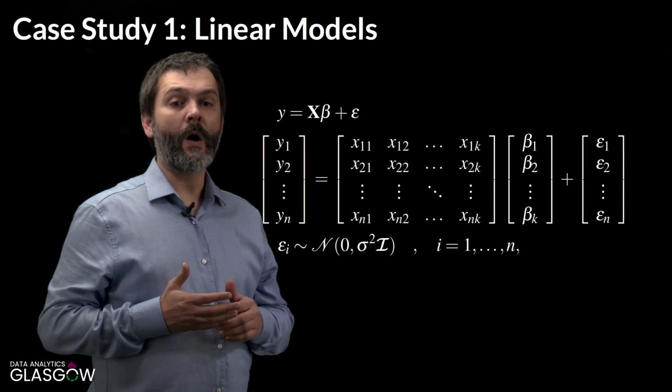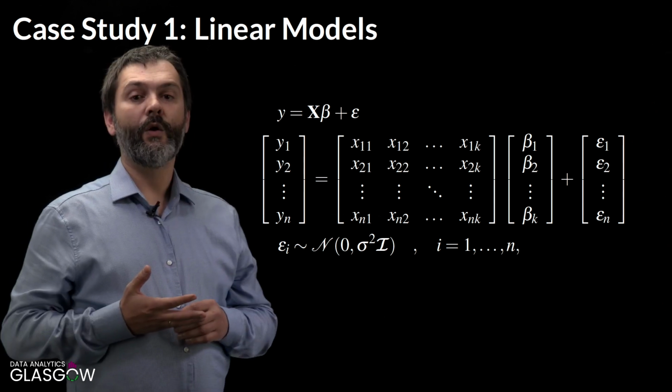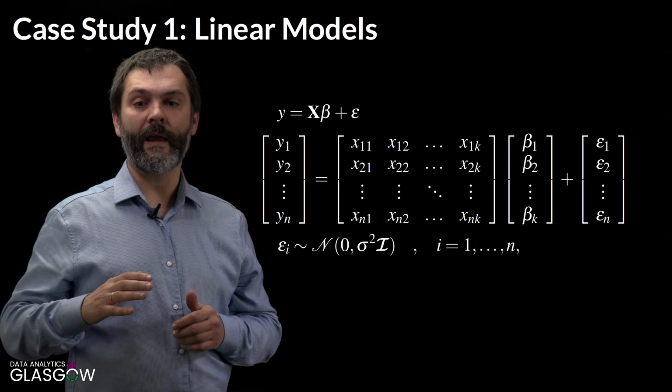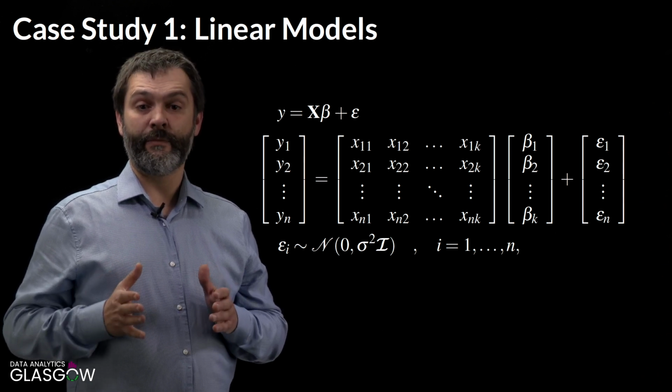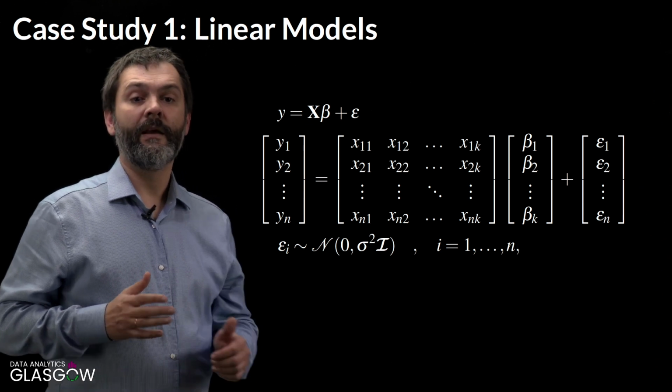Betas would be our unknown parameters, and epsilons will be errors. We consider that all the errors for y1, y2, yn are independently and identically distributed normally with the same variance.